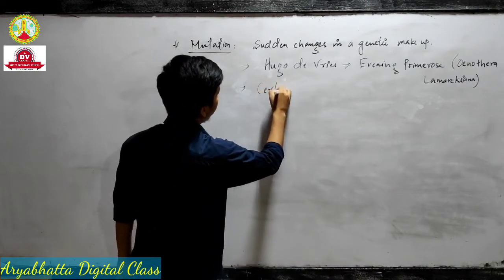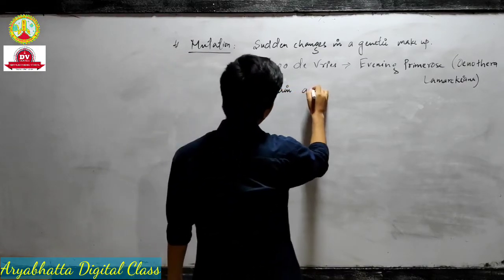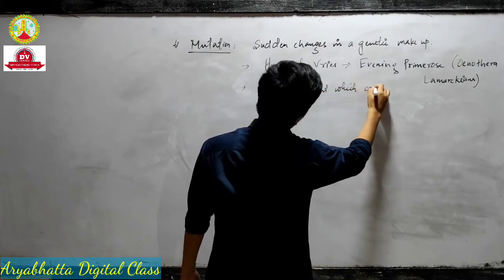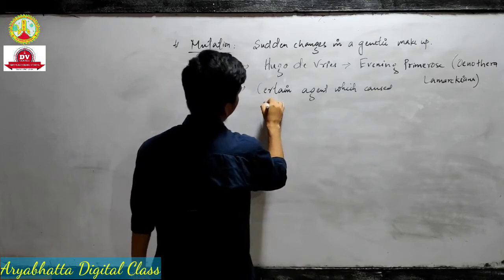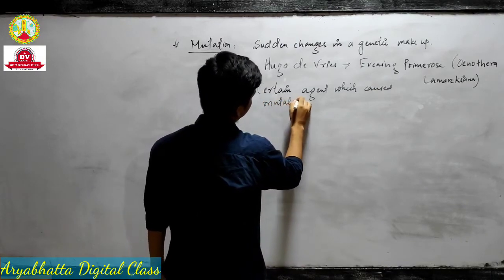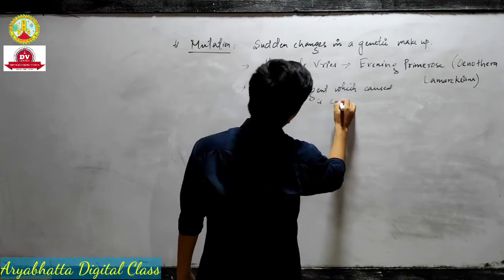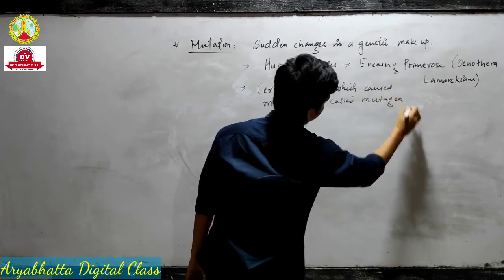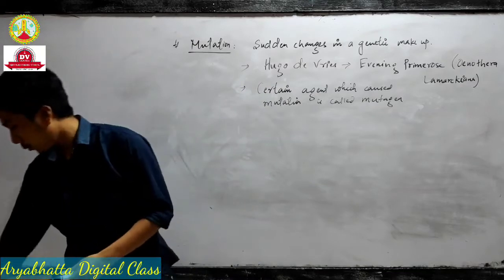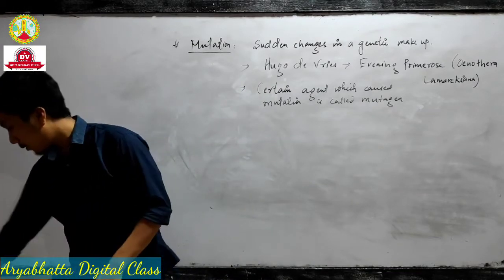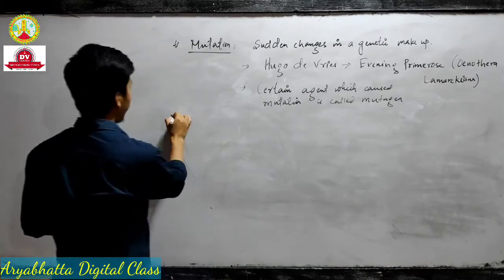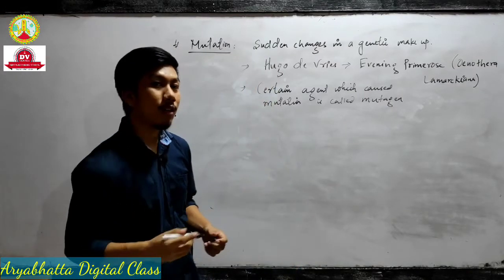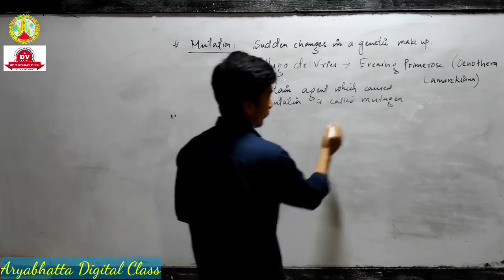Remember, the agents which cause mutation are called mutagens. What is a mutagen? Mutagens are the certain factors that cause mutation. What are the factors?